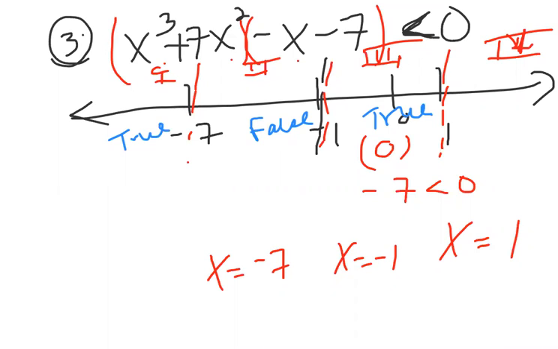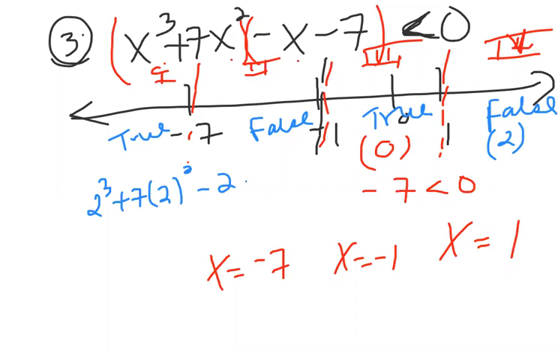Okay, guys, if you're not sure, what should you do? Just go ahead and plug in another value. For example, if you're not sure this last region, region 4, is true, plug in 2 into the problem and see what happens. So if you do 2 cubed plus 7 times 2 squared minus 2 minus 7, what does that give you? 2 to the 3rd power is 8, 2 to the 2nd power is 4, 4 times 7 is 28, minus 2 minus 7.